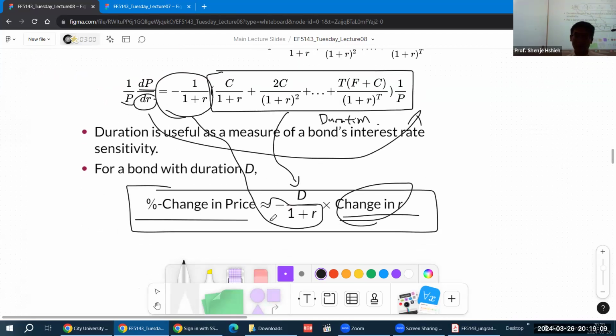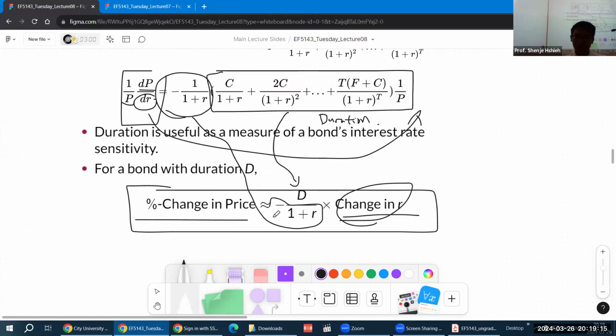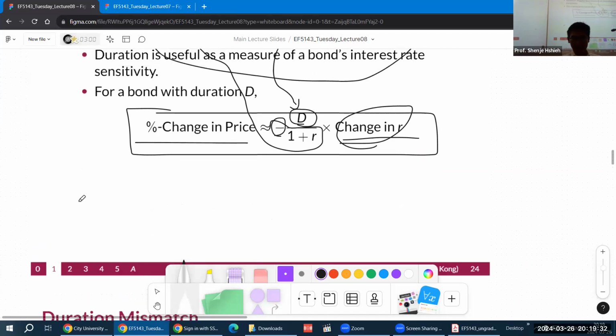That duration appears precisely in this expression here. Again, this is the percent change in P, and you see it here. So the higher the D, the more negative the percent change, right? So that's the formula.